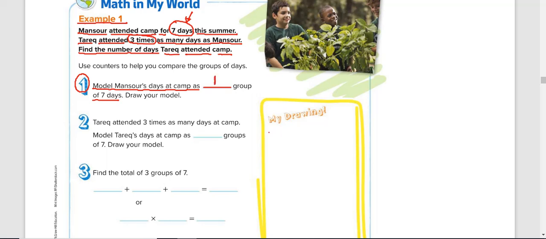Let's create a model for better understanding. Just one group, one box, but inside this one box there are 7 days. So 1, 2, 3, 4, 5, 6 and 7. So this is for Masu.